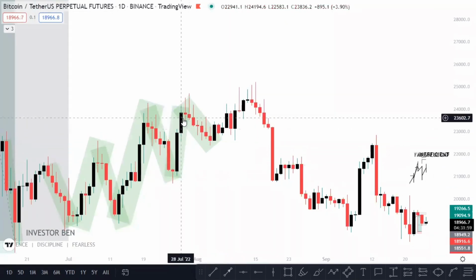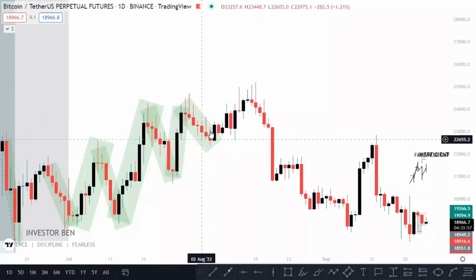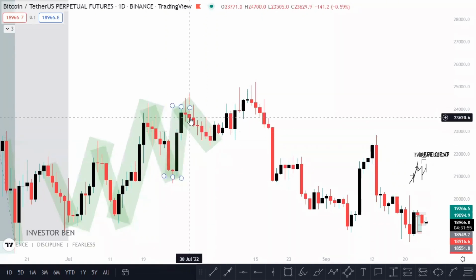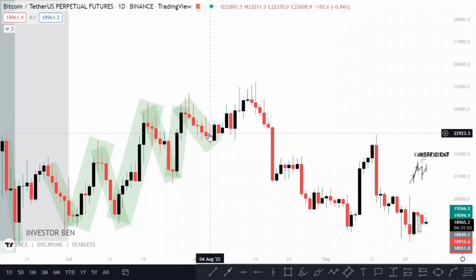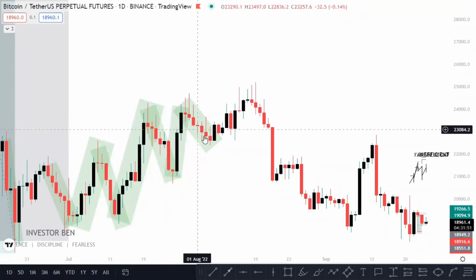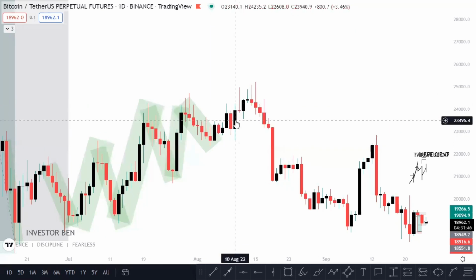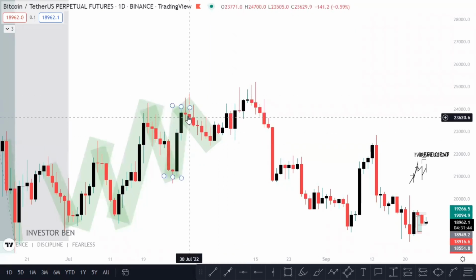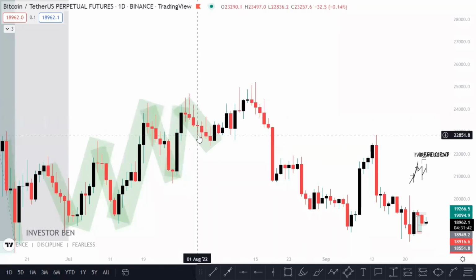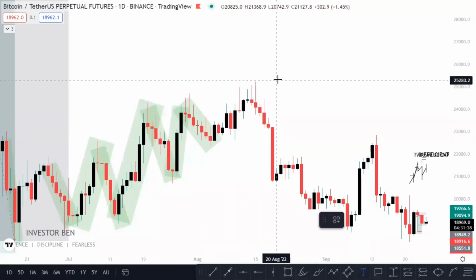These are all indecisive candlesticks. At this point, there are sellers more present, but the buyers here are not willing to let the sellers sell the market, right? So it was creating all these equal candlesticks, with price being pushed to the middle like a doji, right? A doji candlestick.